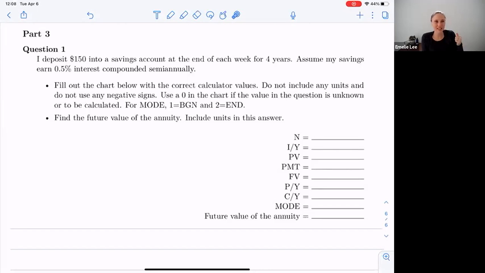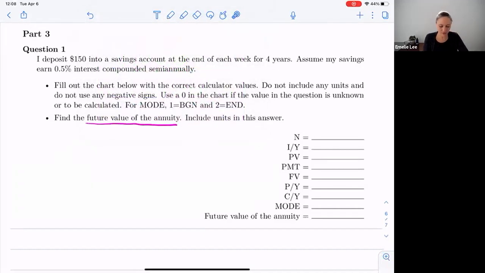All right, so here we go. I deposit $150 into a savings account at the end of each week for 4 years. So assume my savings here, I picked a more realistic, and even this seems high. Assume my savings earn 0.5% interest, compounded semi-annually. Okay, and then here it says find the future value.